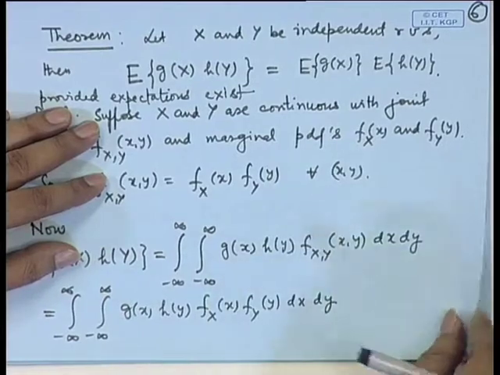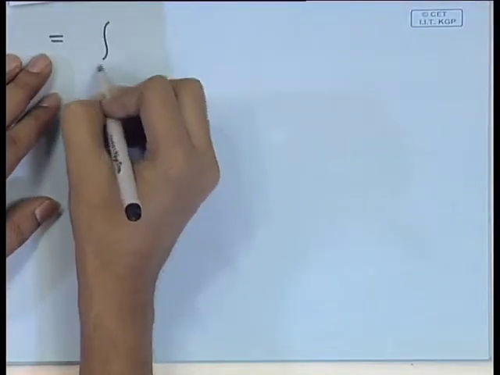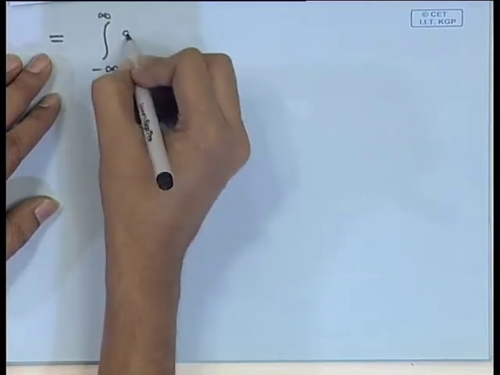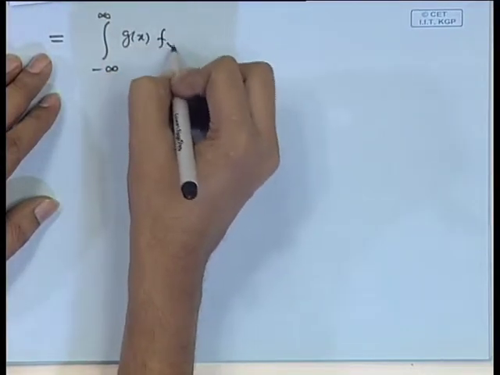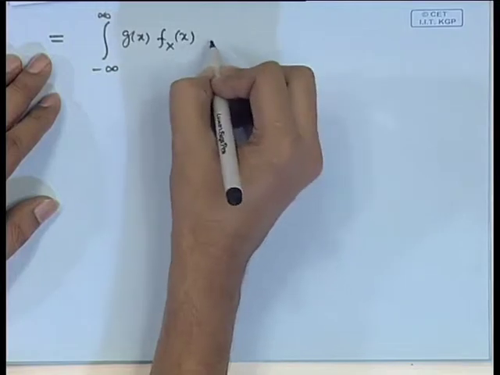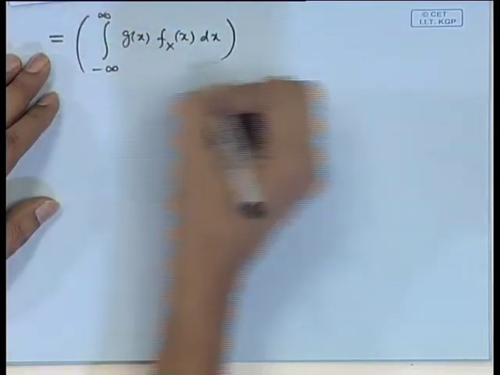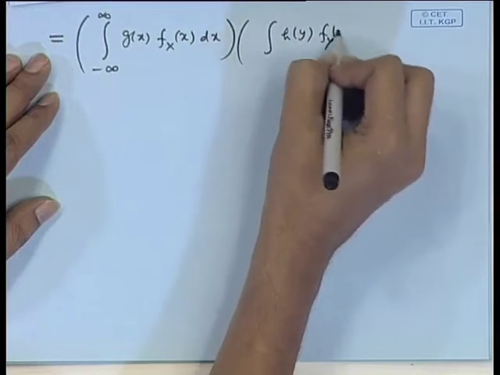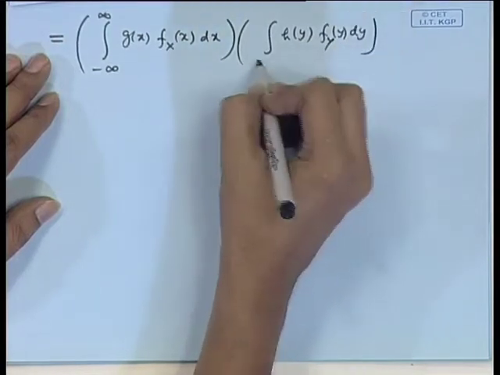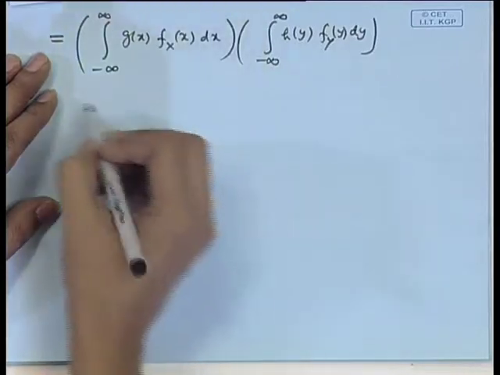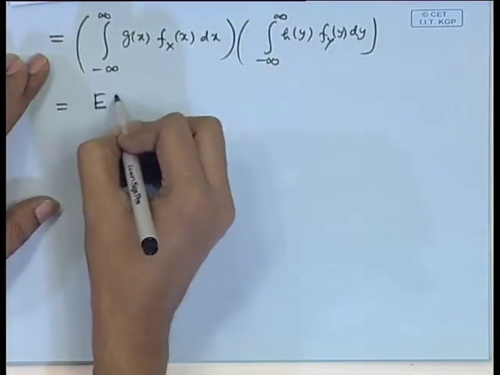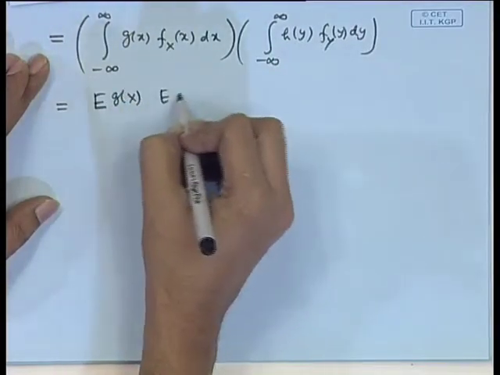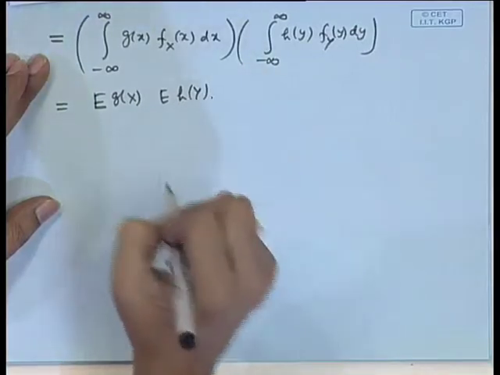Now, this is nothing but the product of the integrals g x f x dx and h y f y dy, which is nothing but expectation of g x into expectation of h y.